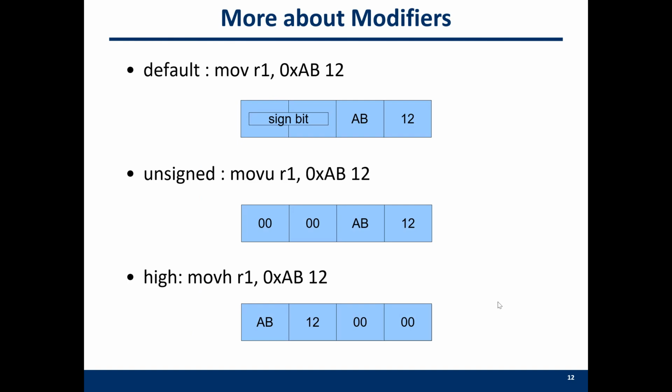So the A is actually hex 10. This hex 10 is actually 4 bits equal to 1, 0, 1, 0. So the most significant bit here is 1. So if I treat this one as a signed number, all these should be 1s.